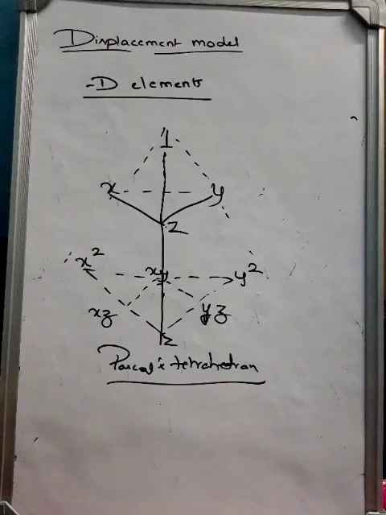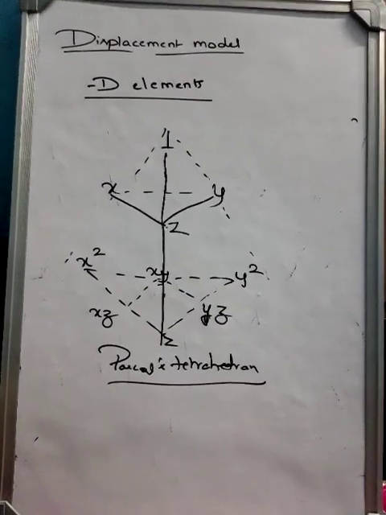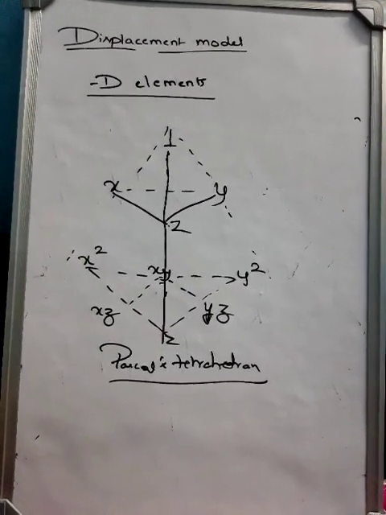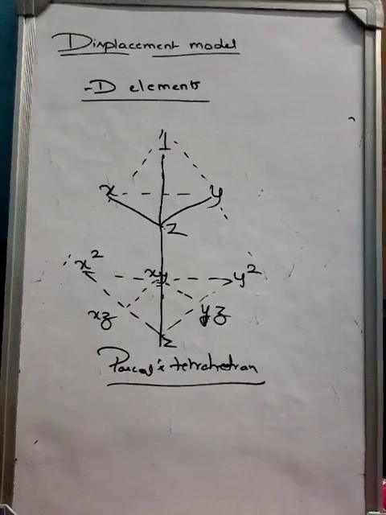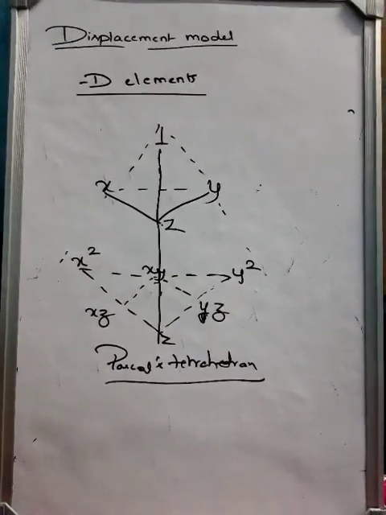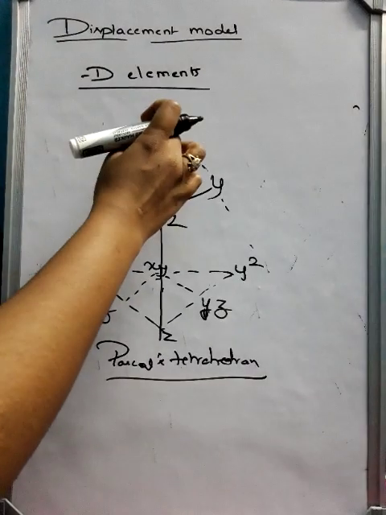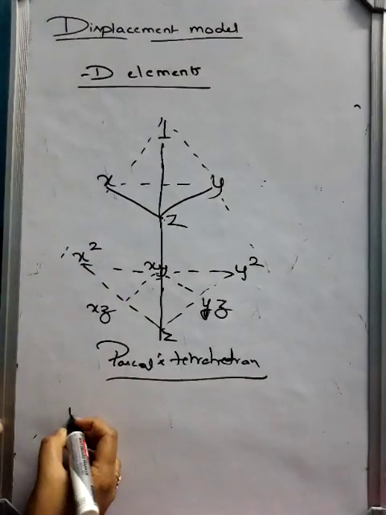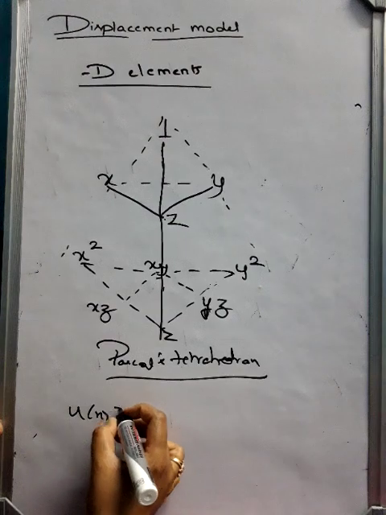Now, in the Pascal's tetrahedron, what you are going to do is the same method only. For example, if you have 4 elements, so it would be 1. U of x would be the sequence. I'll just write.